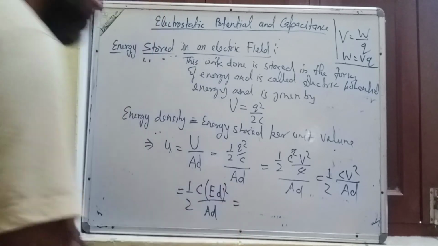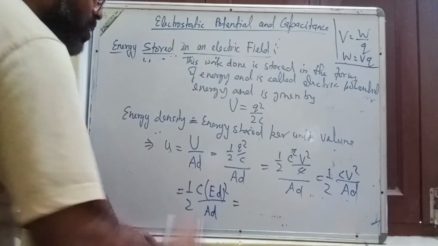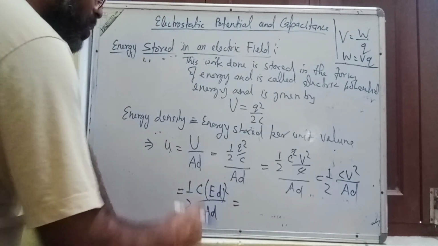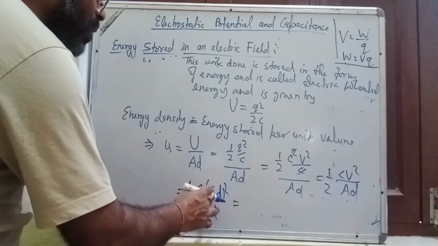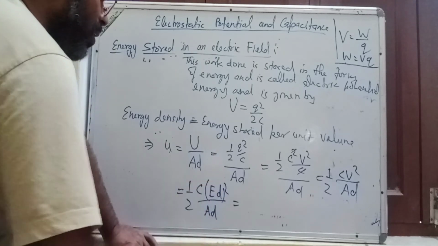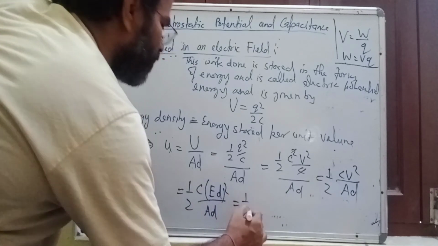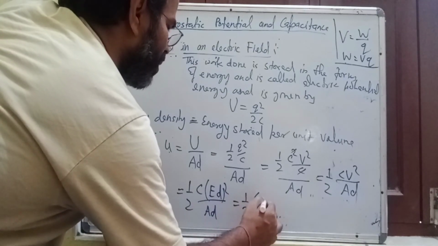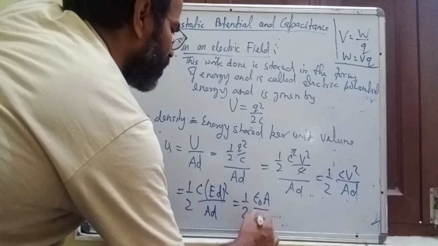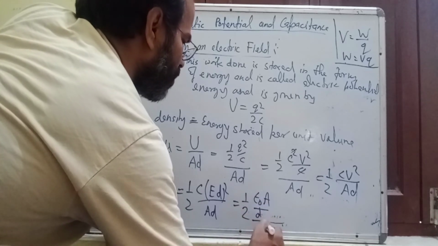Now substitute all values: the electric field E, and capacitance C equal to epsilon naught A upon d, divided by A into d.